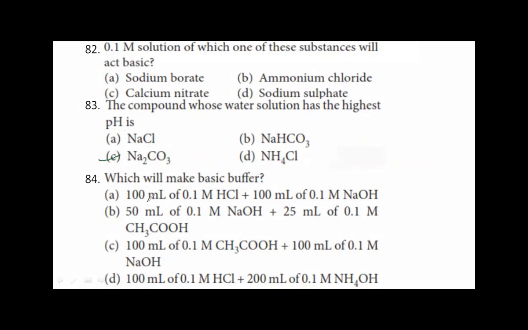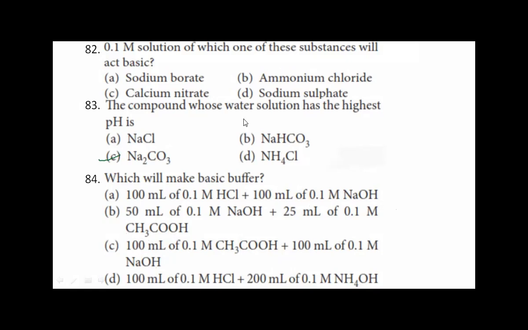Which will make a basic buffer? So the question is on buffers. 100 ml of 0.1 molar HCl, 100 ml of 0.1 molar NaOH; 50 ml of 0.1 molar NaOH, 25 ml of 0.1 molar CH3COOH; 100 ml of 0.1 molar CH3COOH, 100 ml of 0.1 molar NaOH; 100 ml of 0.1 molar HCl and 200 ml of 0.1 molar NH4OH.